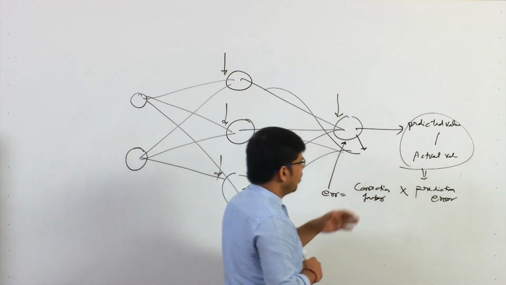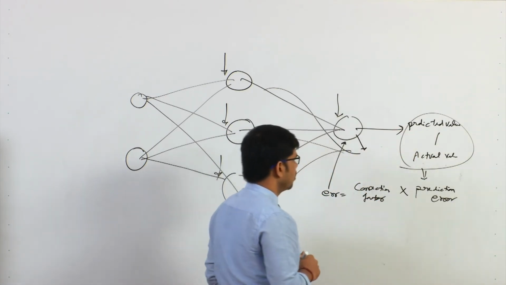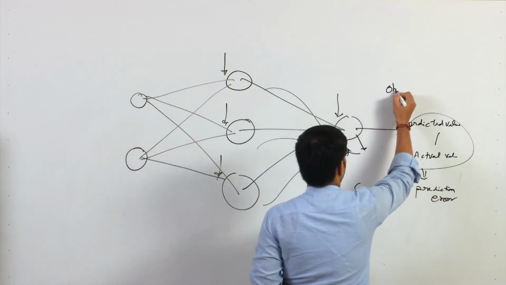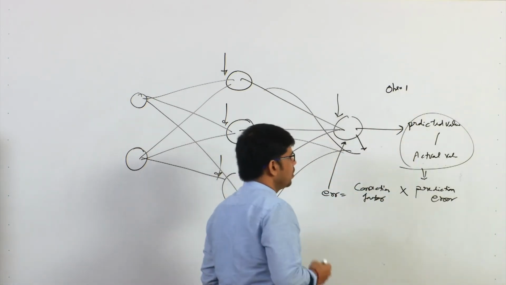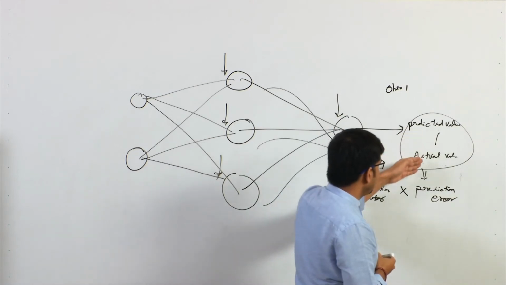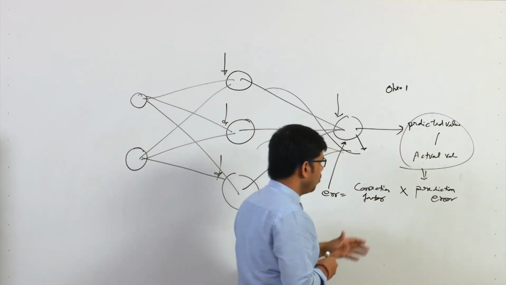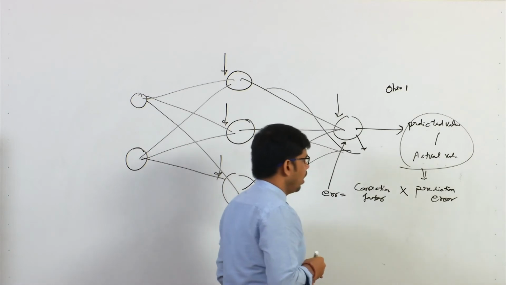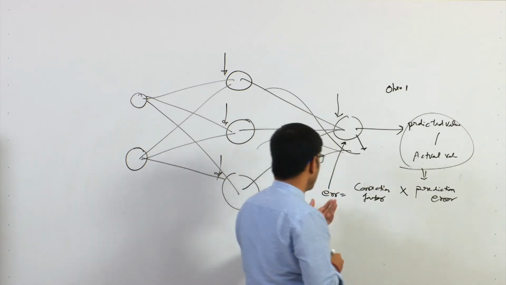And once the predicted value for that particular observation, record number 1, is computed, it can be subtracted from the actual value and we will get the prediction error, and from there we can compute the error.